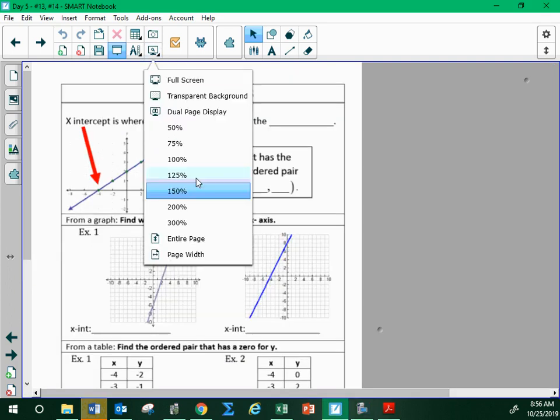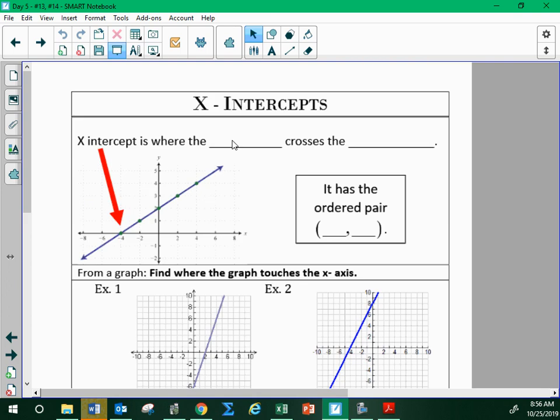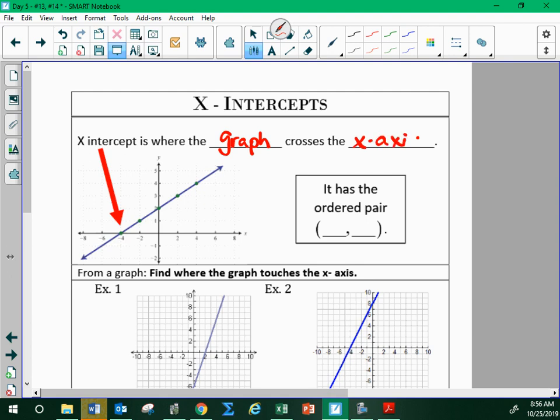Our x-intercept is where the graph crosses the x-axis. We're just going to look on our graph and see where it crosses. Remember, this is our x-axis going back and forth, left to right. Where our graph crosses it, it's right here. We call that point our x-intercept.